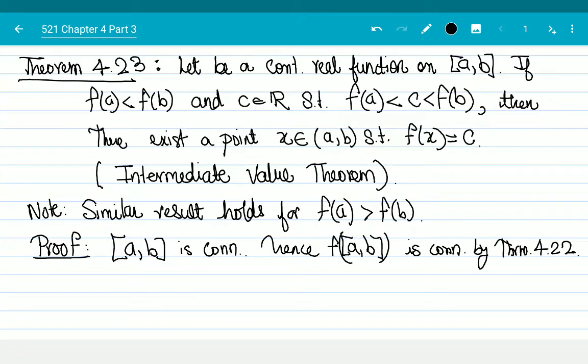And now the result follows from theorem 2.47.